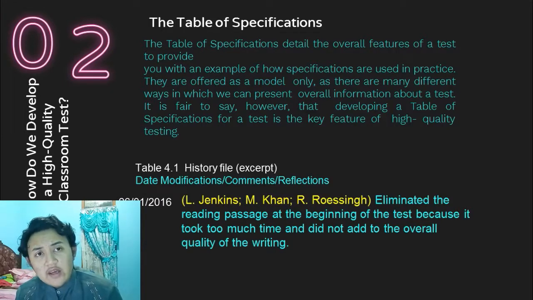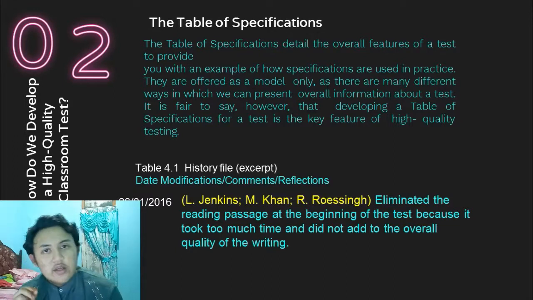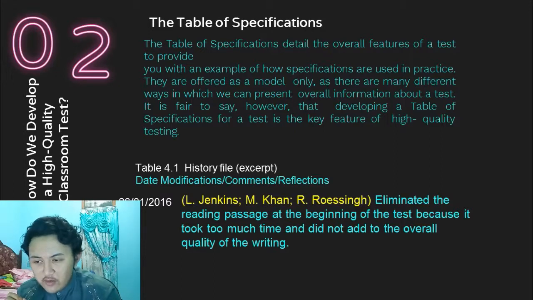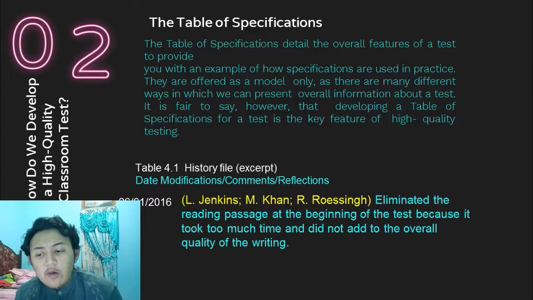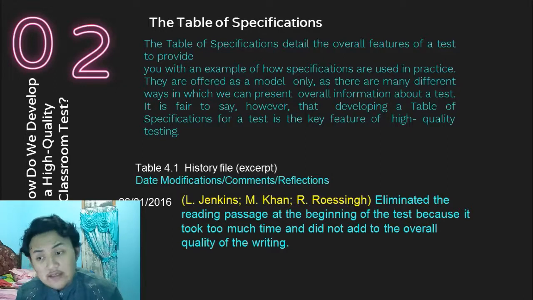Having a reference is really good, because you're not lost when you are assessing. It is fair to say, however, that developing a table of specifications for a test is a key feature of high quality testing.